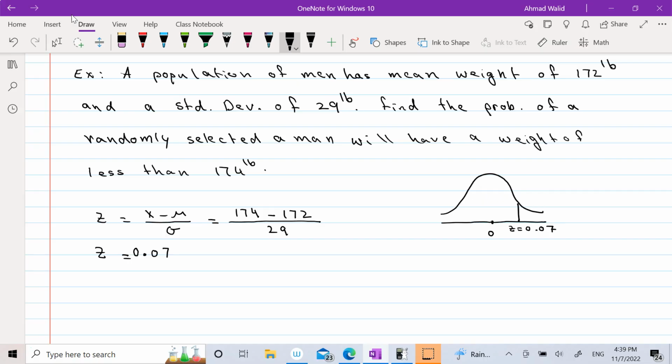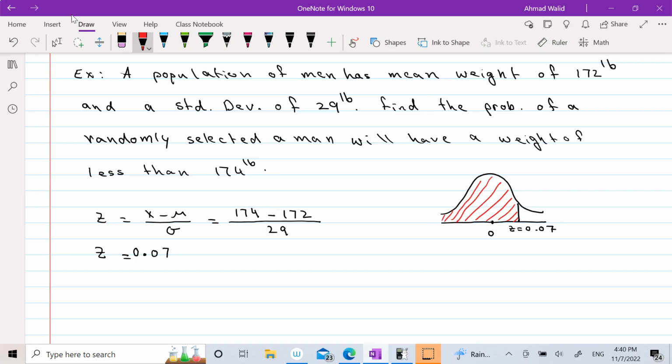Now, read the problem carefully. The last part of the problem: a man will have a weight of less than 174 pounds. Now, which area should I shade? Less than this z-score will be this side. Correct? I want to find this area.